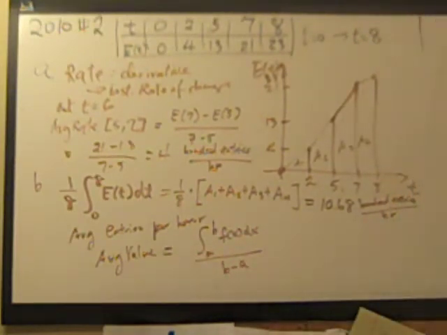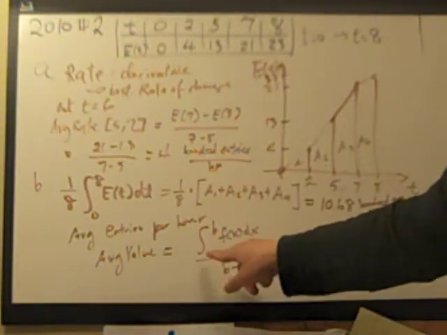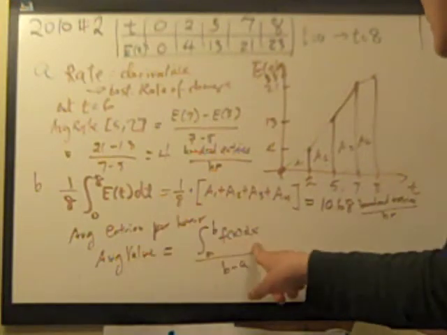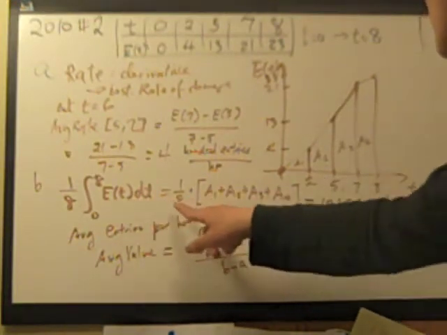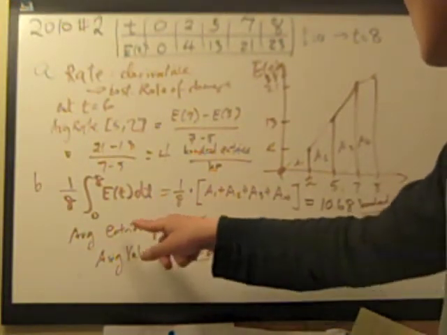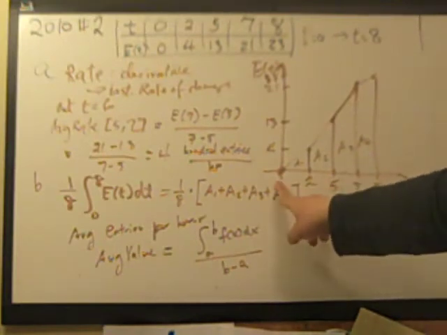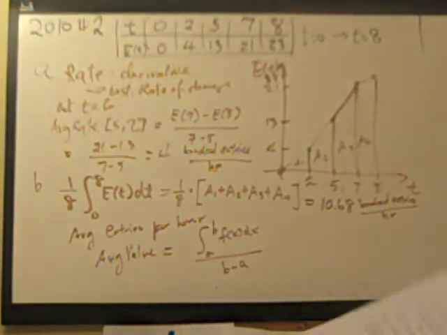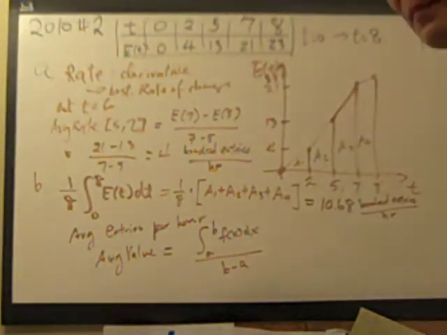Now, doesn't this look exactly the same as this? Integral from 0 to 8, instead of f of x it is e of t dt, divided by b minus a, which will be 8 minus 0. And so part B is asking for the average value.